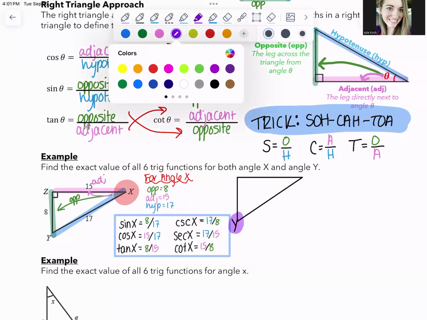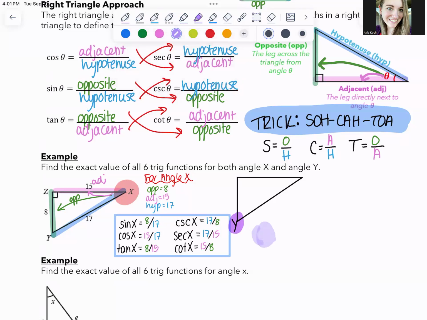I need to pick a lighter purple. That's a little better. Okay. Got to lean over my screen over here and make sure that looks good. That looks good enough. All right. So we have angle y. Hypotenuse is still the hypotenuse. So 17 is the hypotenuse. Let me write for angle y.